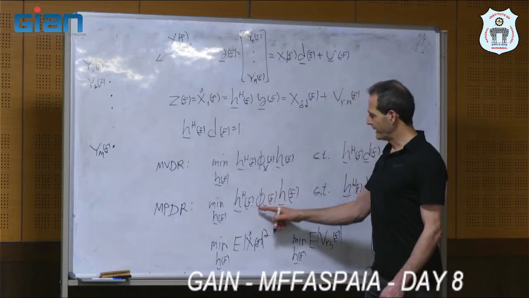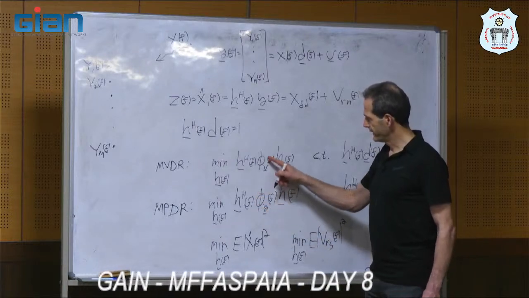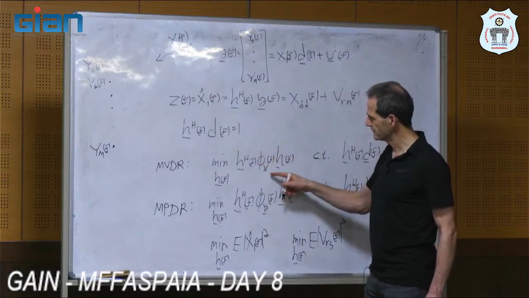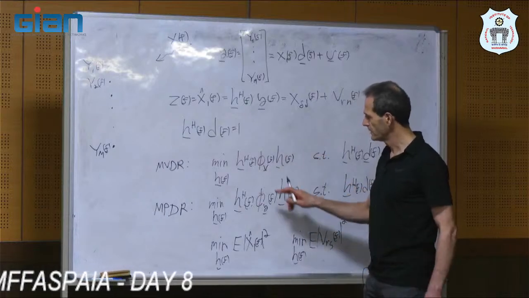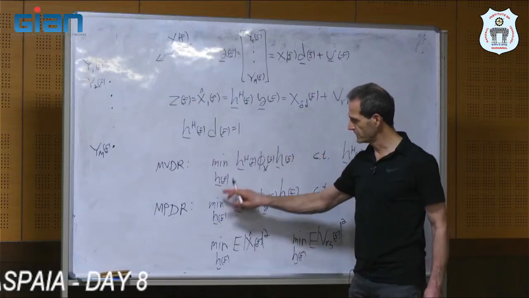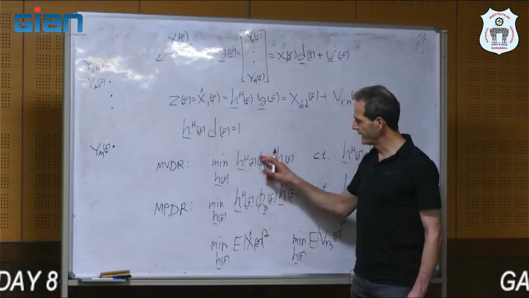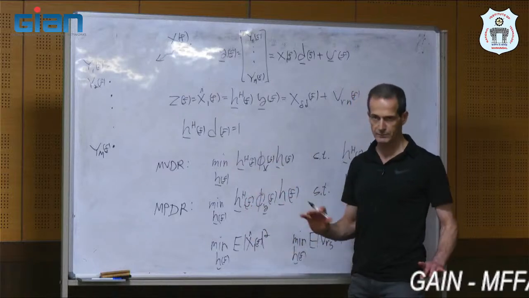So if we don't have error in these coherence function matrices, if we know this and this accurately, then the filters that we find using the MVDR or MPDR are the same. But if we estimate them, then generally they will produce different results.